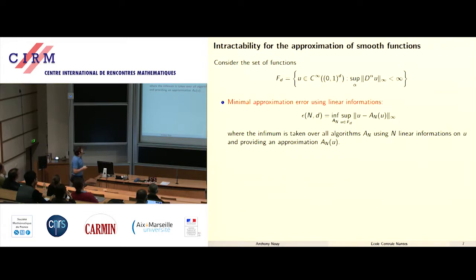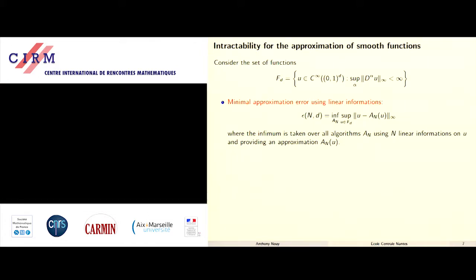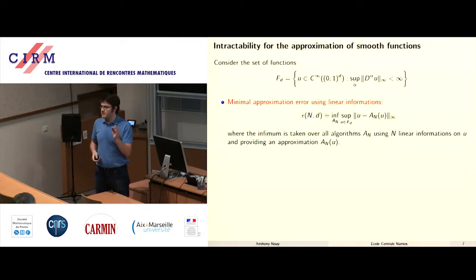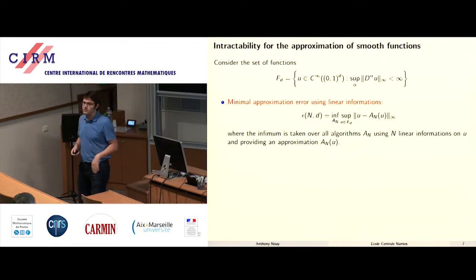And you can try to measure this quantity, which is the error you can obtain by an ideal algorithm. I do not specify what this algorithm is, but I just say that this algorithm will use linear information on the function, for example, point evaluation of the function, integral of the function times a given function, etc. A linear application on your function.